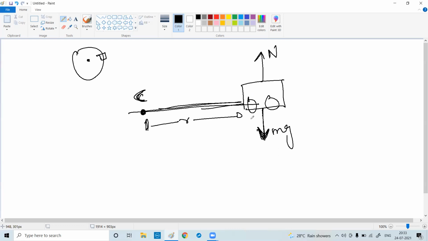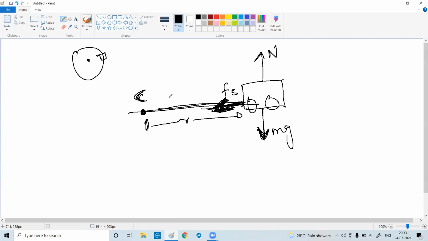And there will be a friction, Fs, basically called static friction, acting opposite, because it will always try to limit the turn. The static friction is exactly directing inwards.